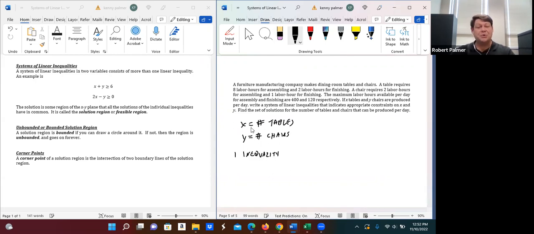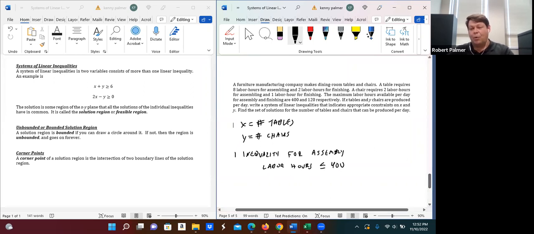Obviously, we're going to need at least two to be able to solve it because we have two variables. We have two things happening: assembly and finishing. So one inequality for the assembly. We know the maximum is 400 labor hours for assembly, so labor hours have to be less than or equal to 400.